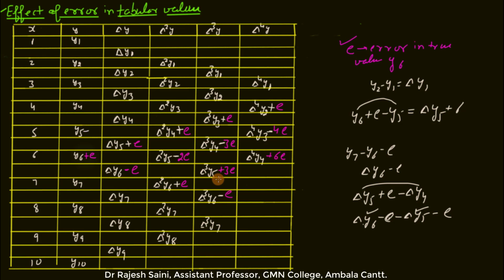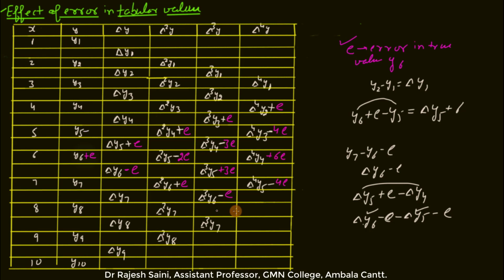Plus 6e, and it will be delta 4 y5 and it will become minus 4e, and for this I will be writing in this color 4e, and this will become plus e.